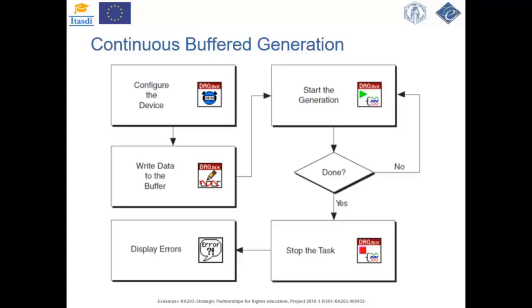So until a certain condition is met, which in our example will be the pressing of a stop button or the occurrence of an error, we can virtually generate infinite amounts of data.